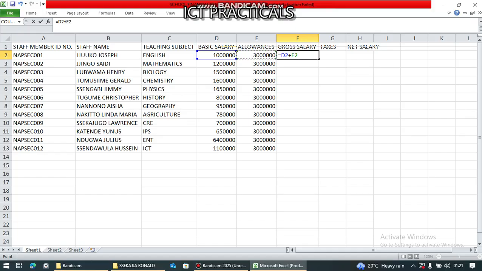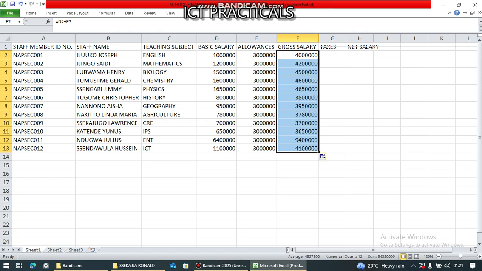If you want the plus sign operator, press shift and this button which is near the backspace button. After computing the formula, press the enter key. Then you can drag to compute for others.